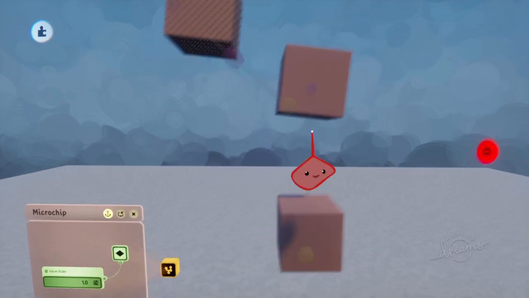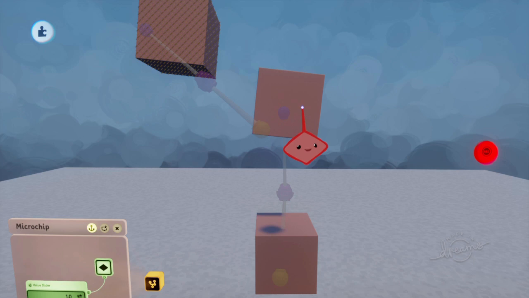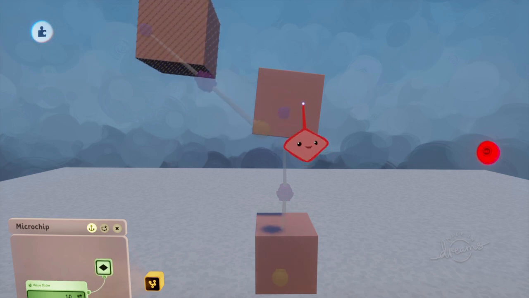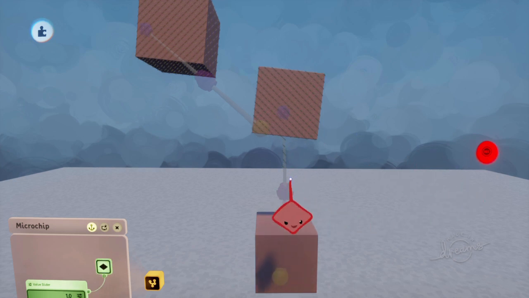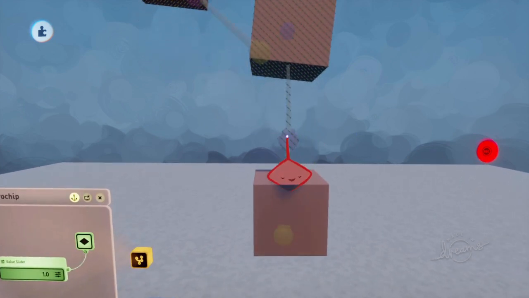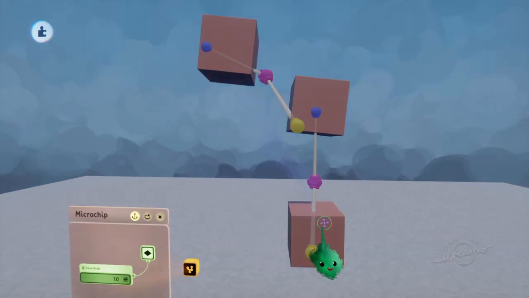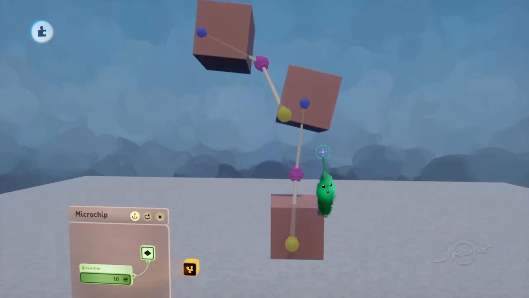But then if we use FK on this one, you can see the joint has that recording as well, because it's actually the joint being affected. So this one cares about where it is, whereas this one doesn't.